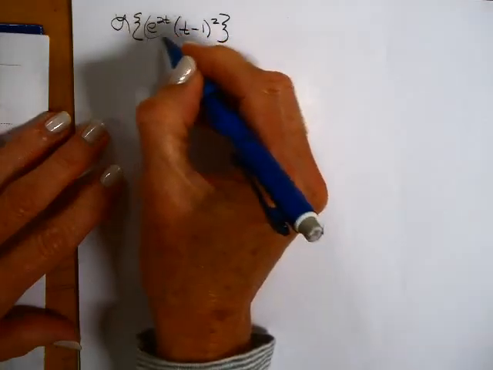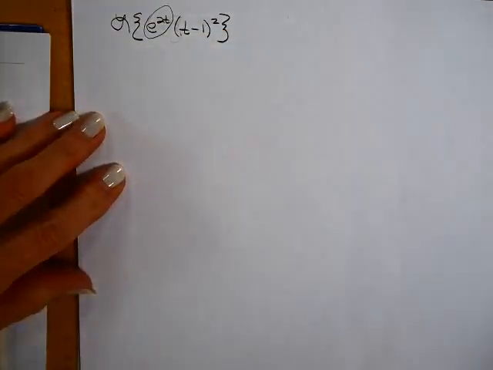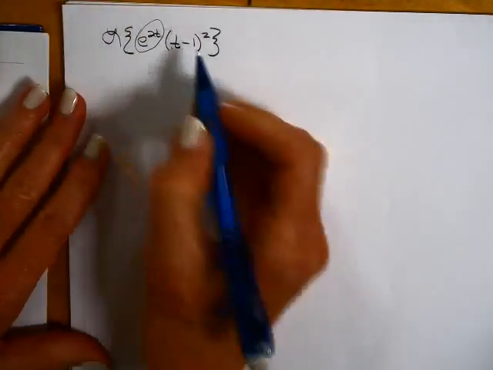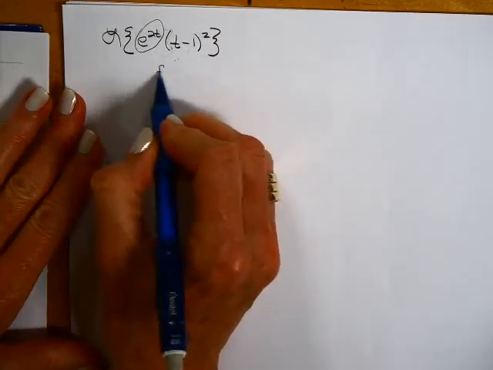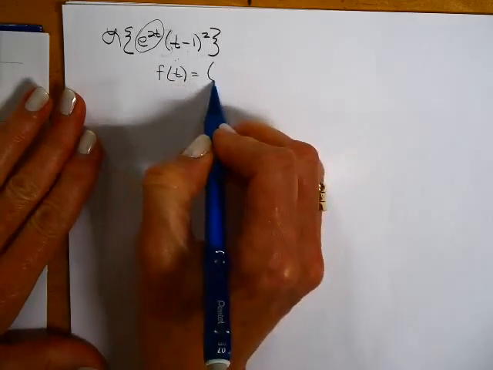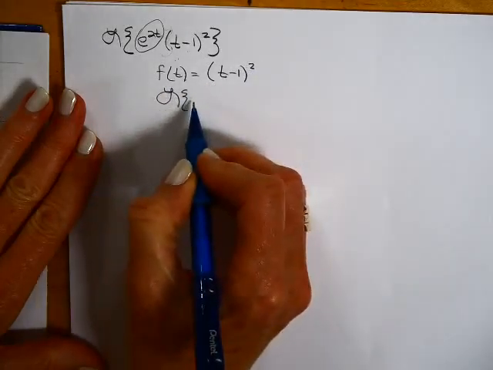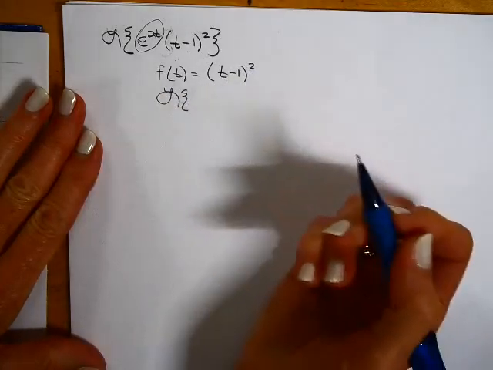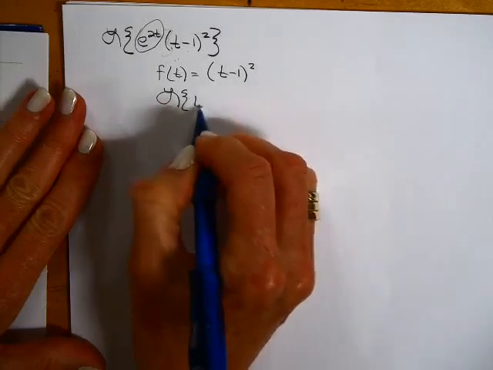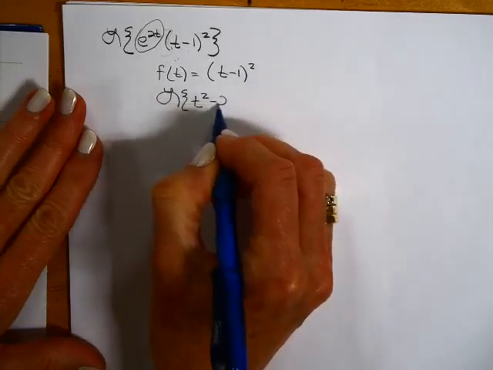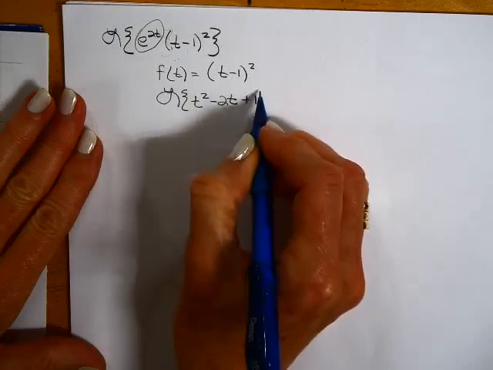All right, again, this one is going to have a shift because of the e to the 2t. And this is my f of t, which is t minus 1 squared. If I'm going to take the Laplace transform of t minus 1 squared, I'm going to FOIL it out. So that would be t squared minus 2t plus 1.